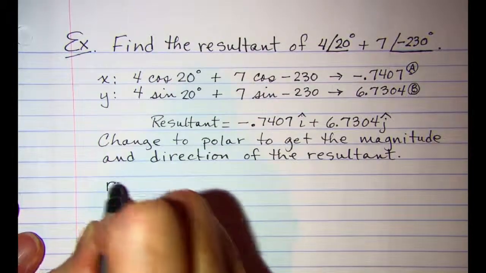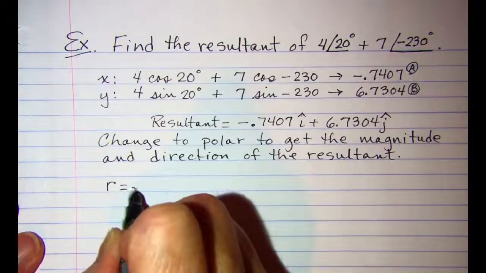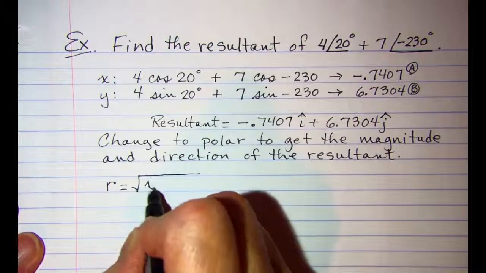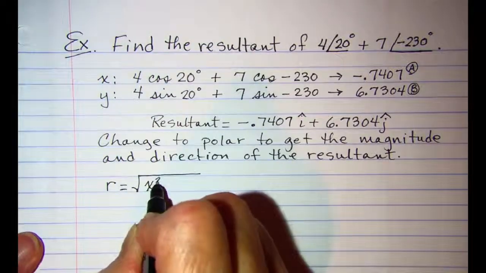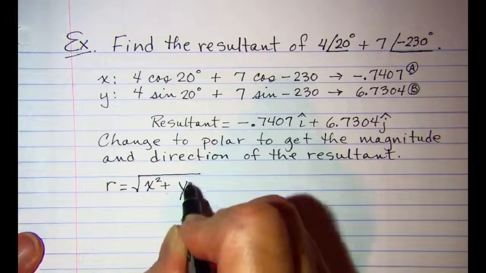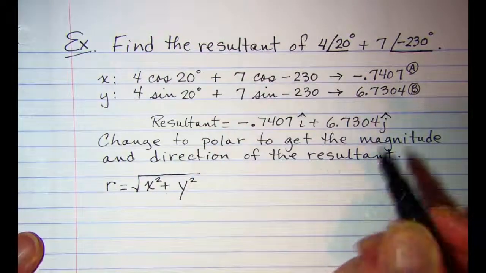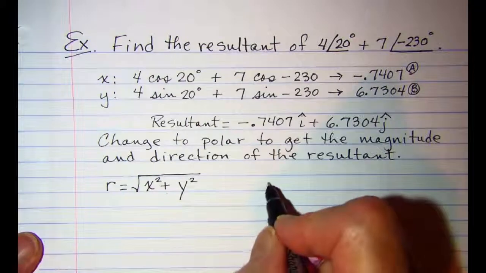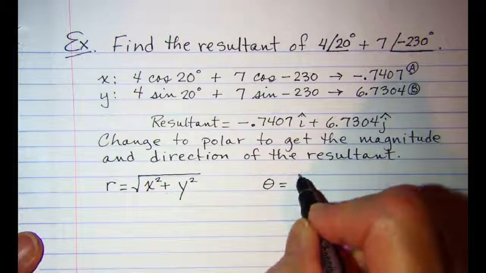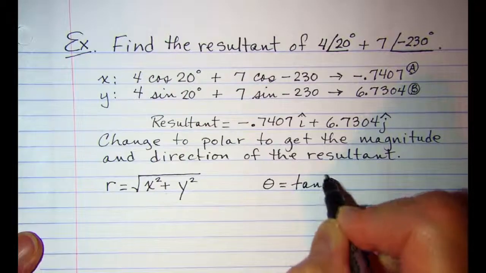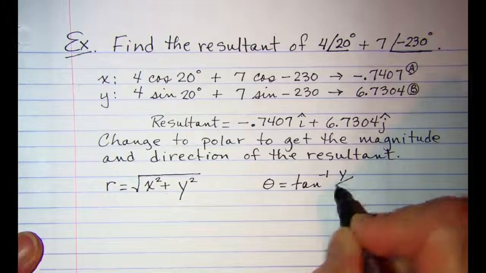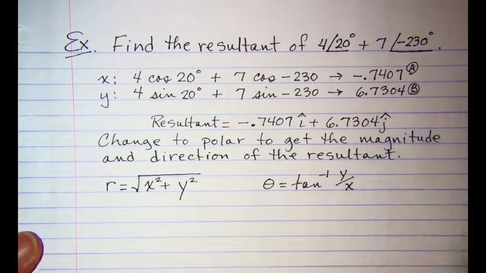The magnitude r is found by the square root of our x component squared plus our y component squared. And our direction theta is found by arctan of y over x.